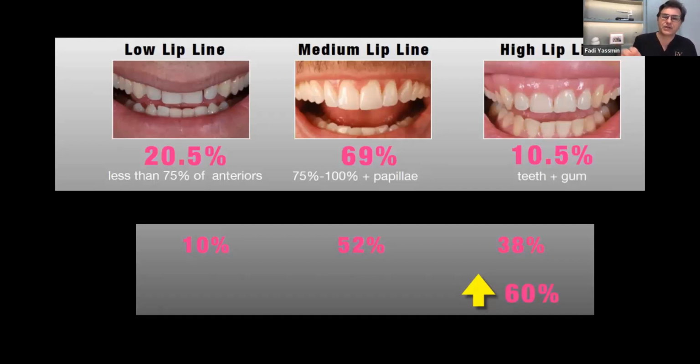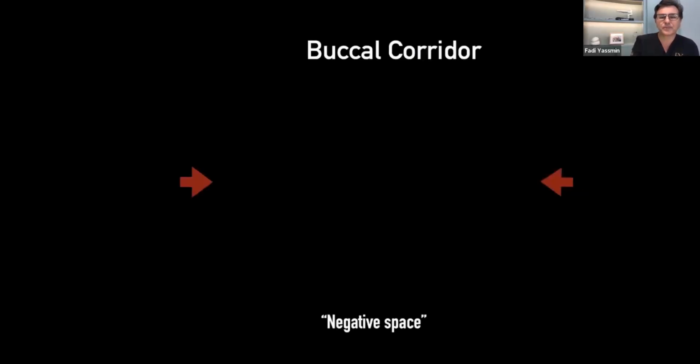And with video capture, which is really important when the patients are relaxed, you're able to slowly move the frames across and work out, when the patient's relaxed and at rest, how much vertical movement or vertical mobility there is at the upper lip. So this totally flipped the statistics on its head. And we found in most cases that a high lip line was almost in 60% of the cases, which was interesting.